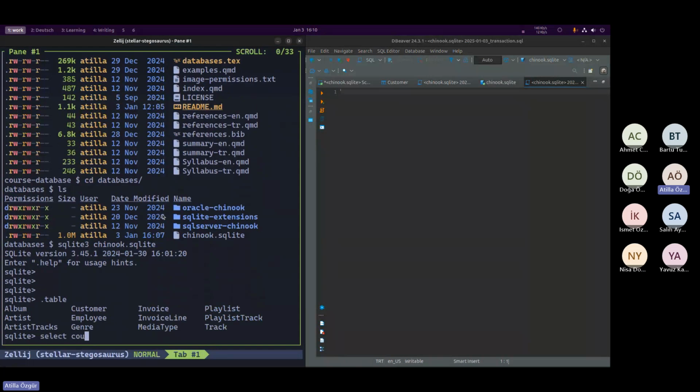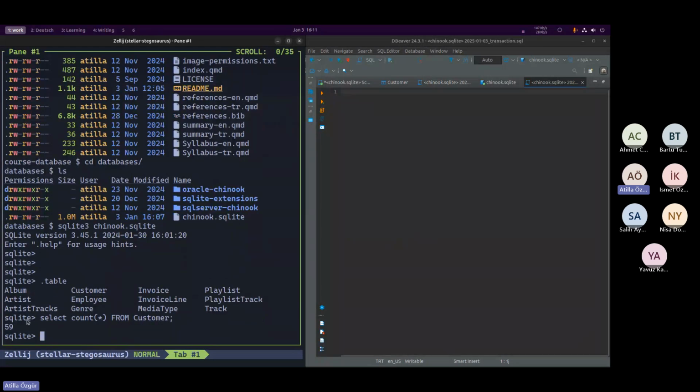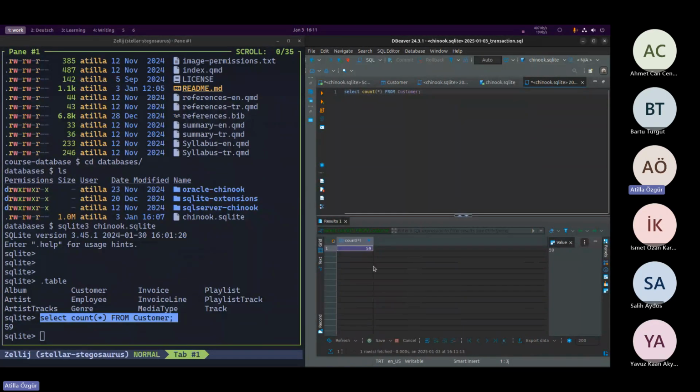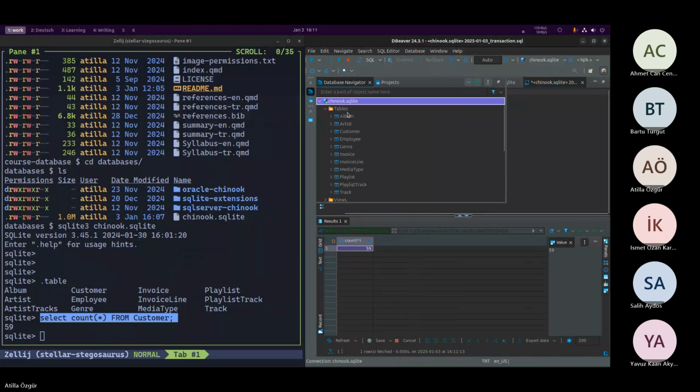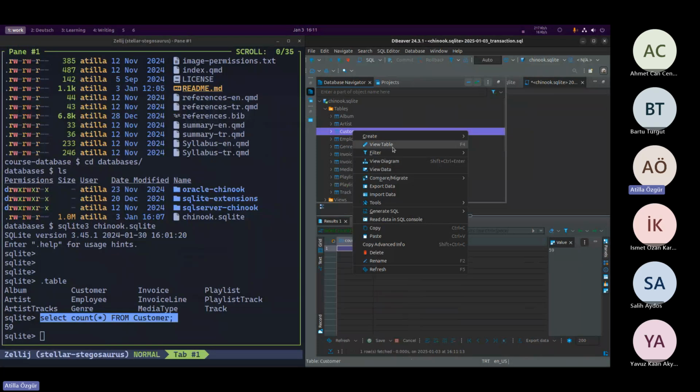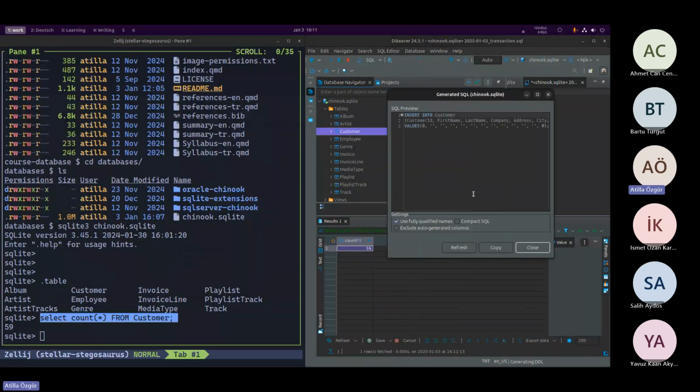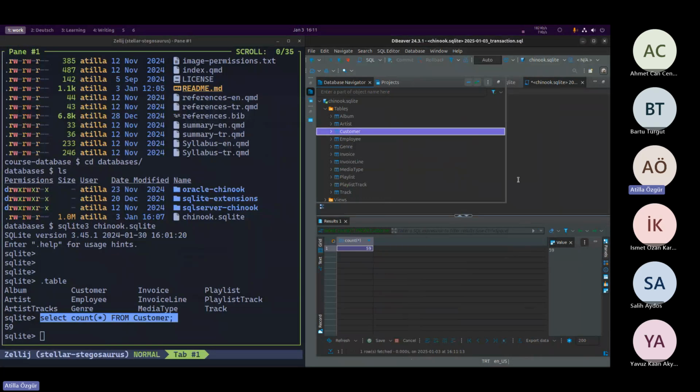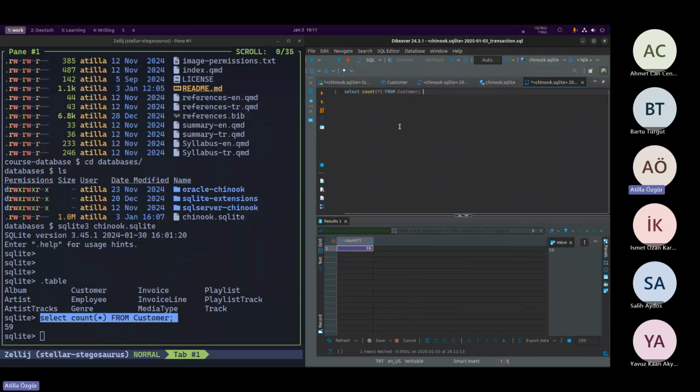For example, select count star from customer. Let me put the same query here, and again 59, no problem. Let us come to customer and let me generate SQL and insert statement. Copy this one and put it here.